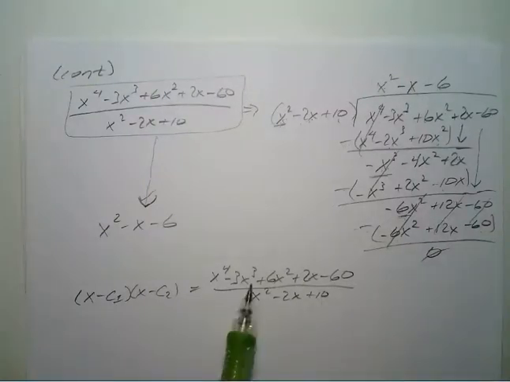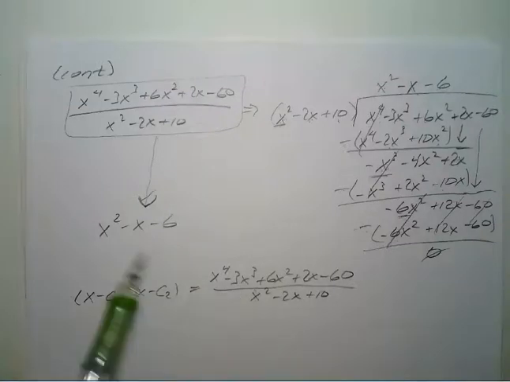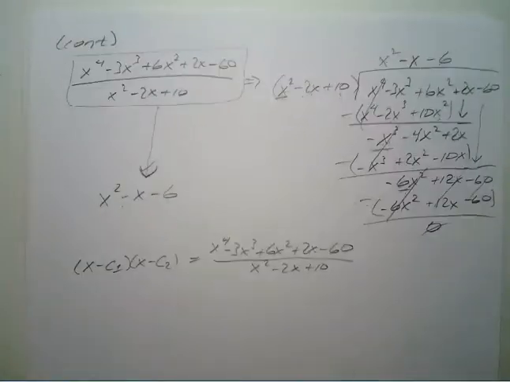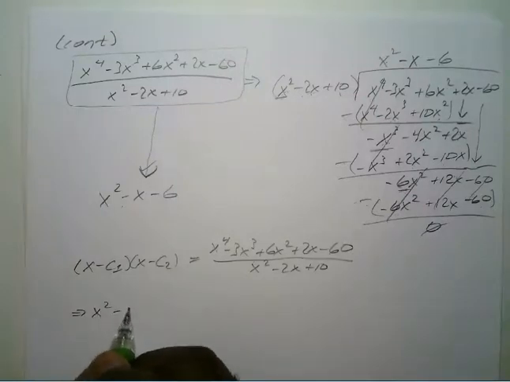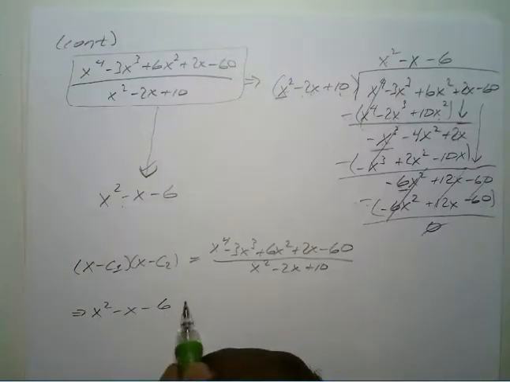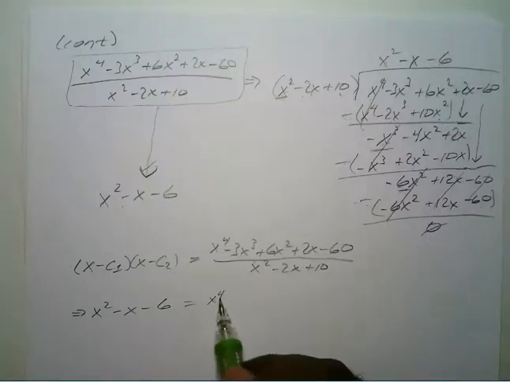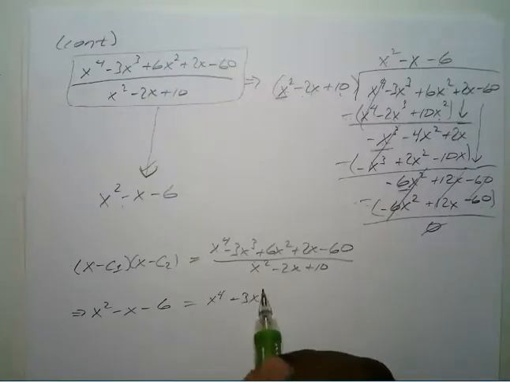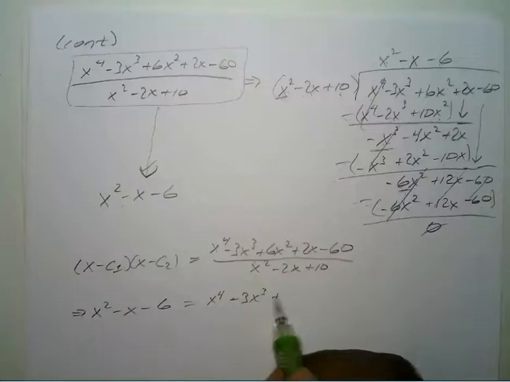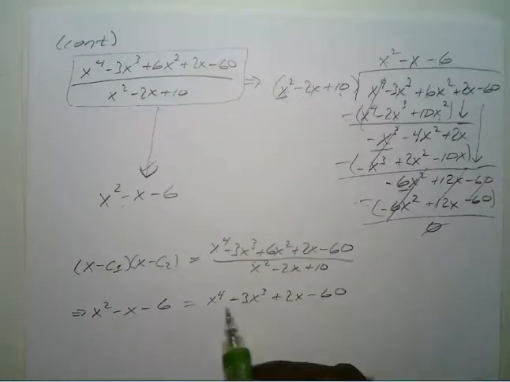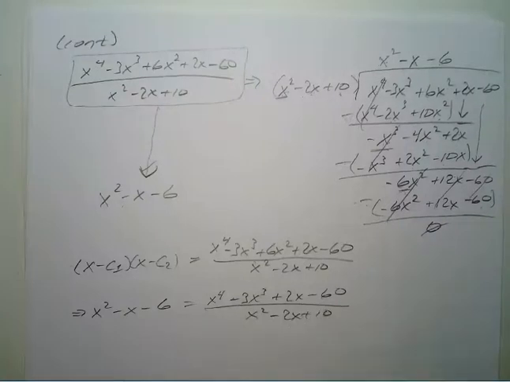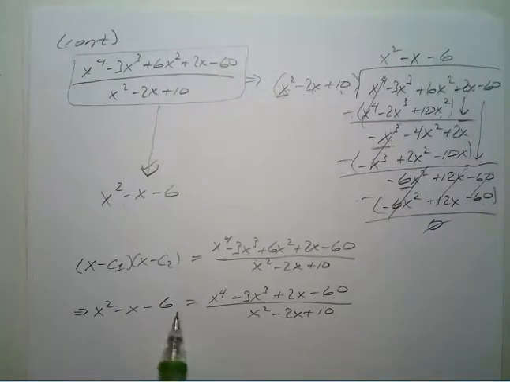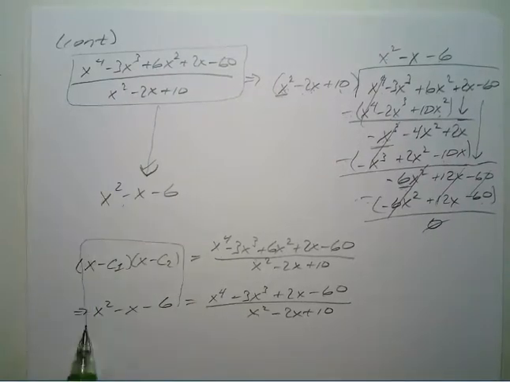Okay, now we just saw that this is equal to this. So that means x squared minus x minus 6 is equal to that whole expression over x squared minus 2x plus 10. Okay, so if both of these are equal to this, then that means they are equal to each other.